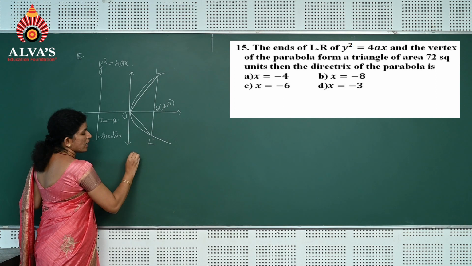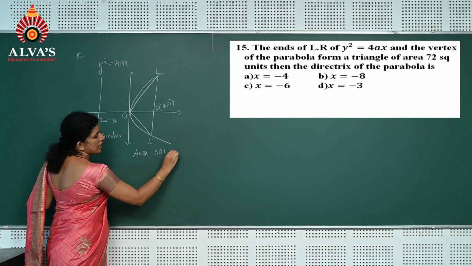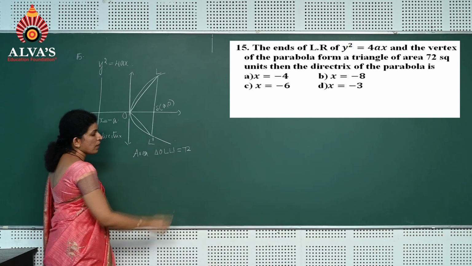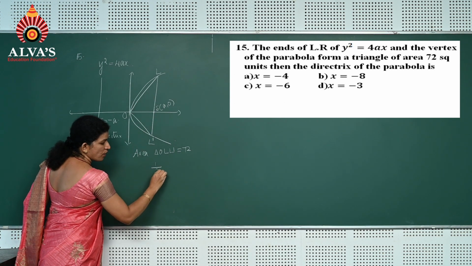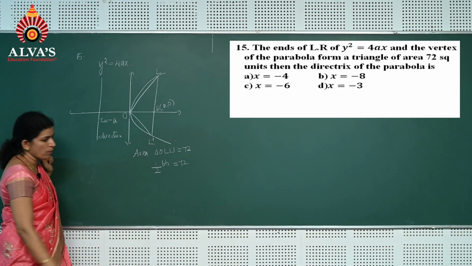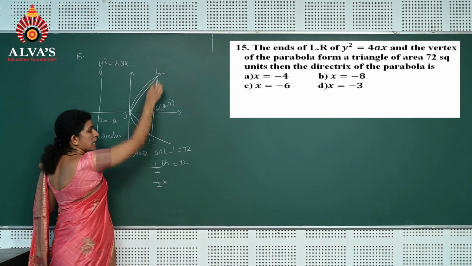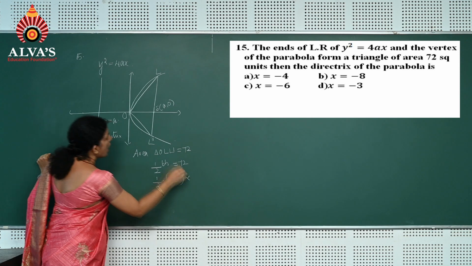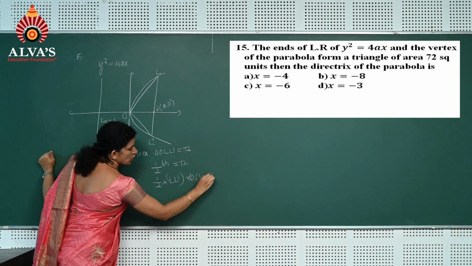The area of the triangle OLL' is given, it is 72 square units, and we know the area of the triangle is half into base into height. That is half into base, which is LL', into height, which is OS, equal to 72.